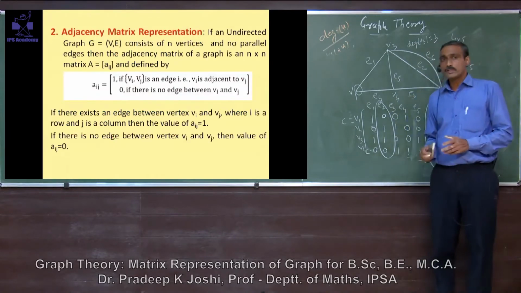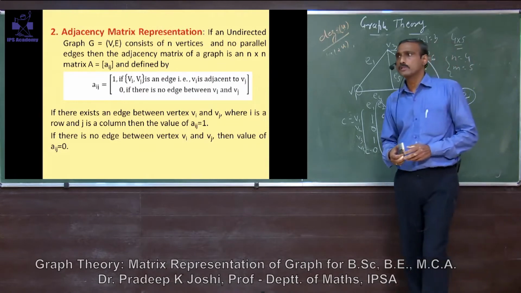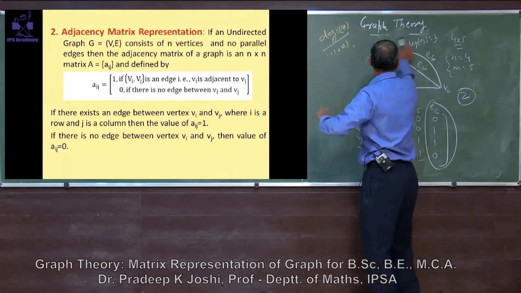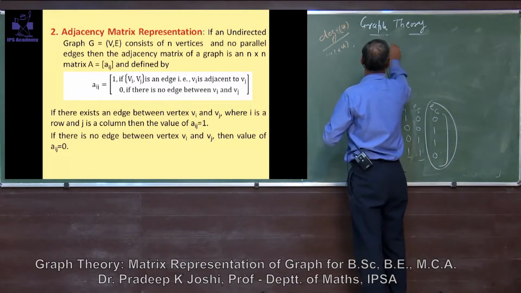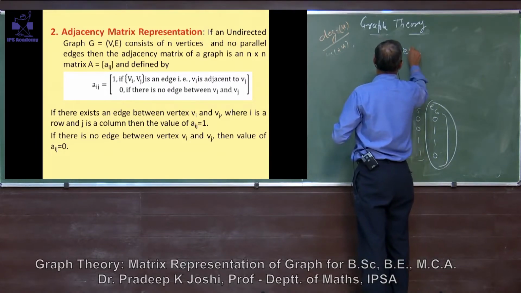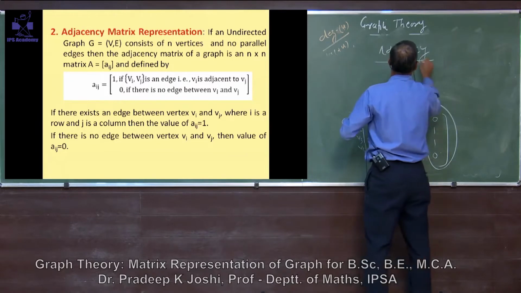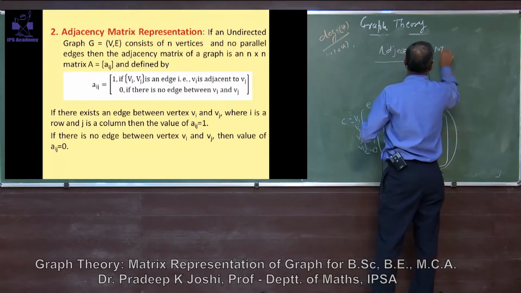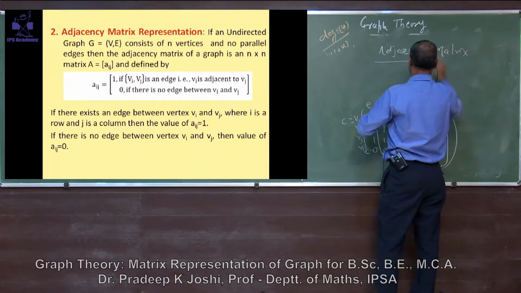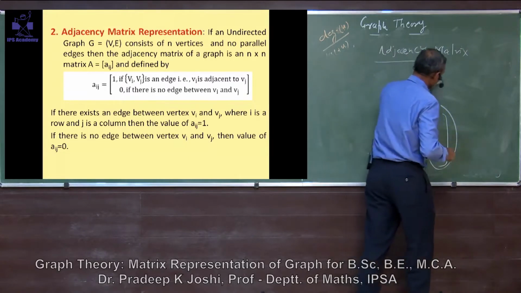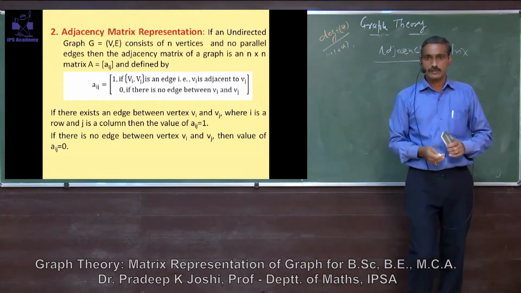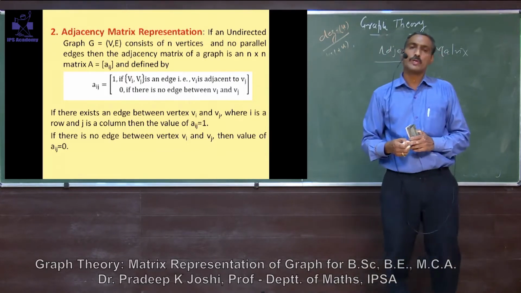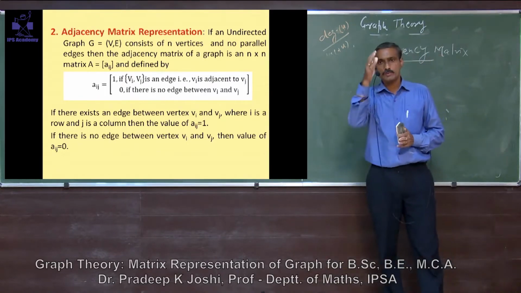Now the other matrix representation is the adjacency matrix. The incidence matrix is also known as the vertex-edge matrix, because in this case rows represent vertices and columns represent edges.